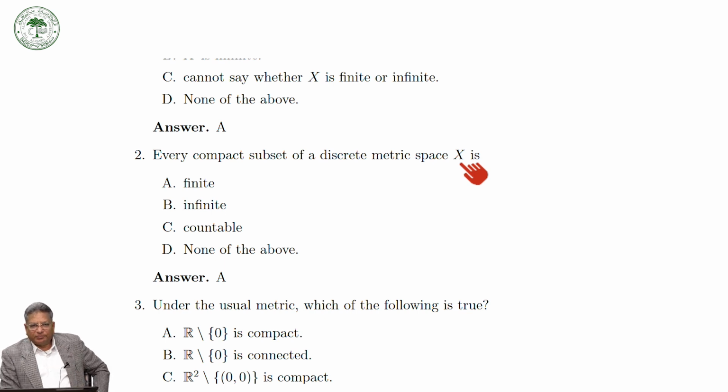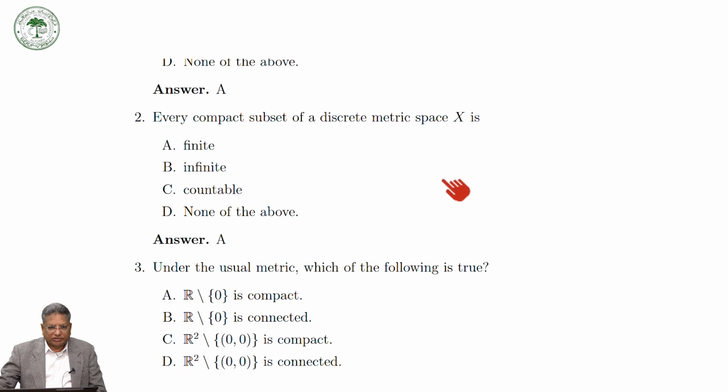So you can form an open covering of the set, but it would have a finite subcover only if the set is finite. So every compact subset of a discrete metric space is finite. So the answer is A.